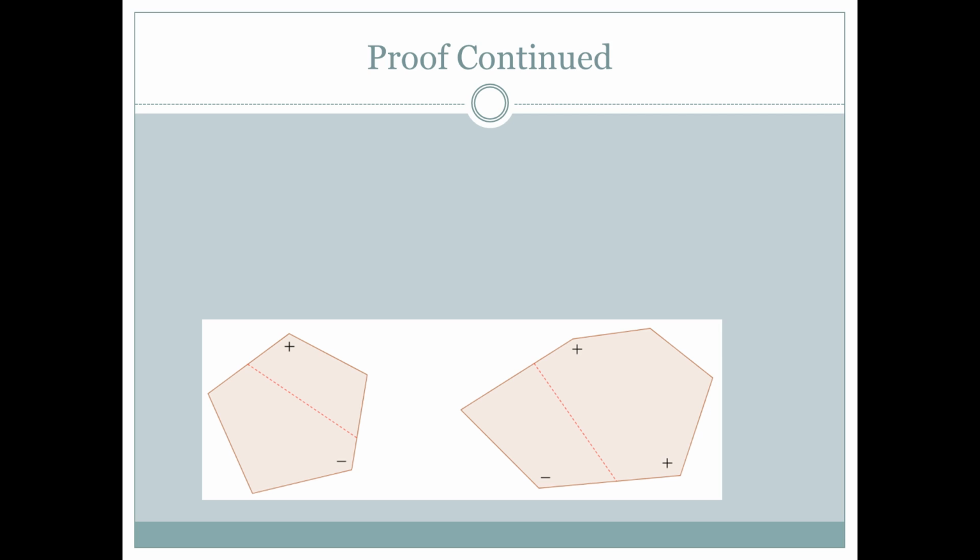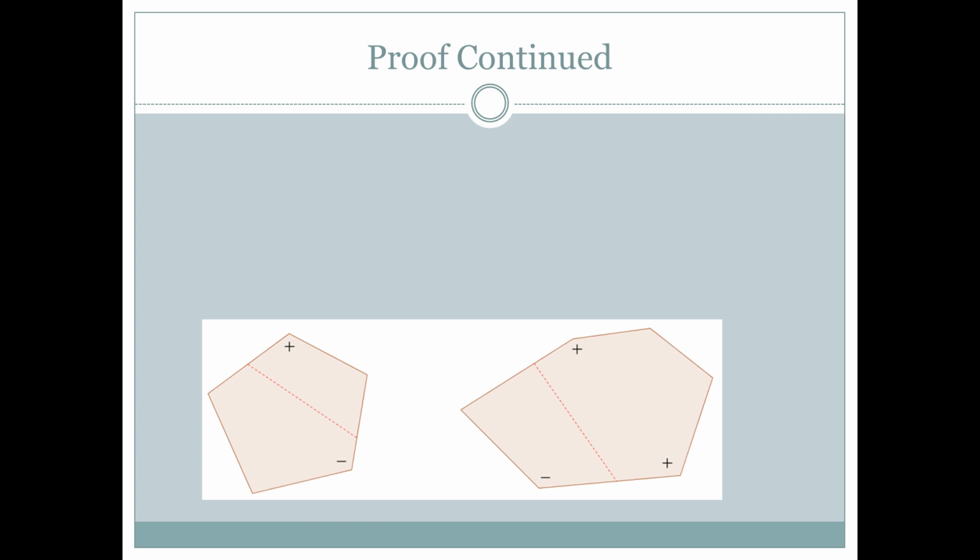Because one of the angles decreases, that red dotted line also must decrease. This is the same for the polygon on the right. So because one side says the line must increase, and the other says the line must decrease, this is a contradiction.